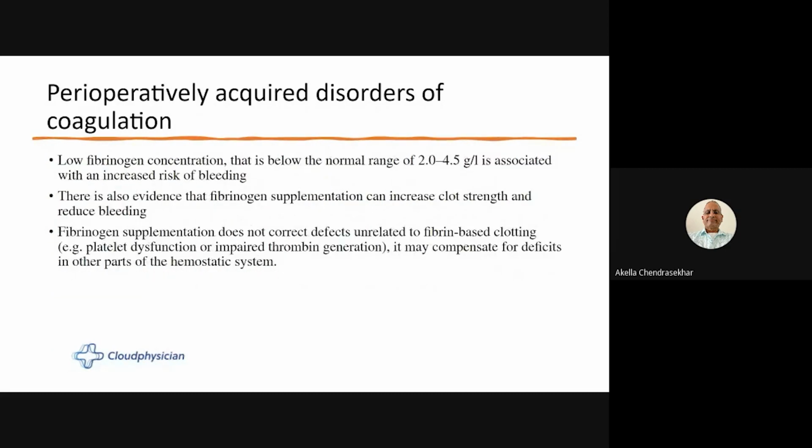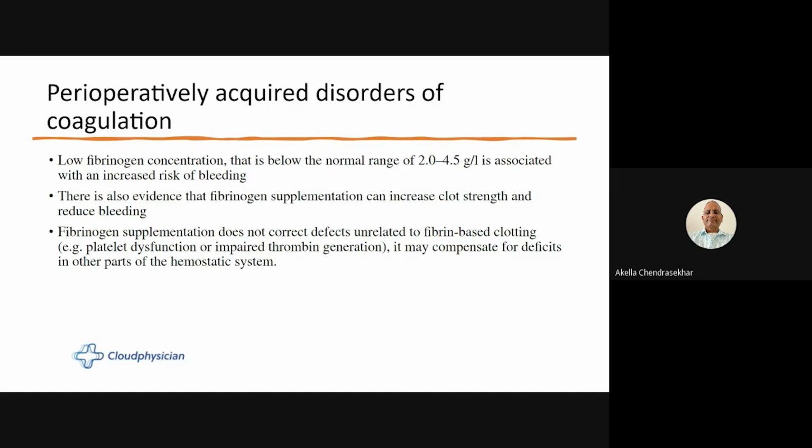Okay. So as we think about fibrinogen levels, now remember, 2 to 4.5 grams per liter is the threshold. If you're between that range, it's associated with an increased risk of bleeding. So keep that in mind.